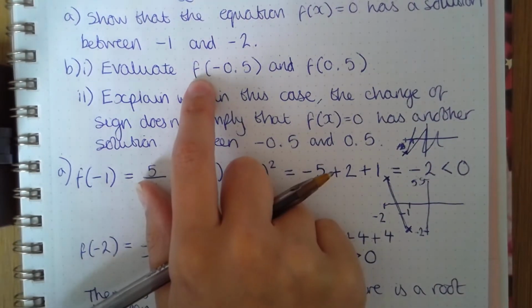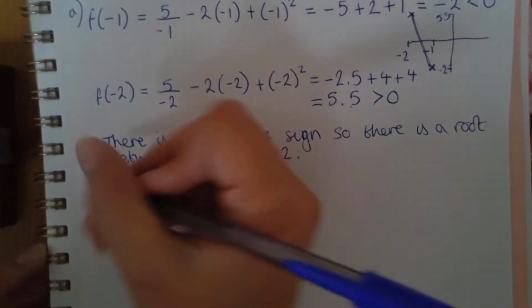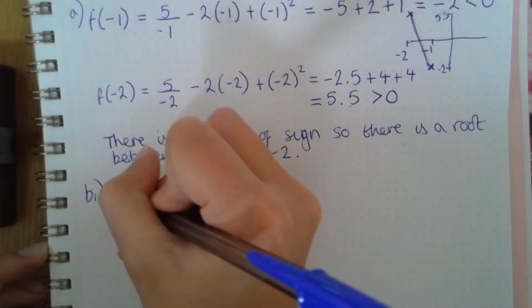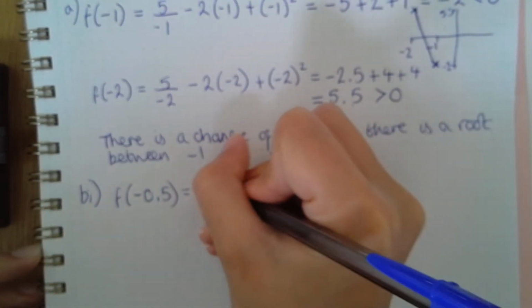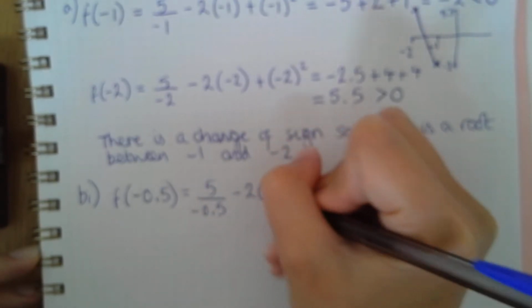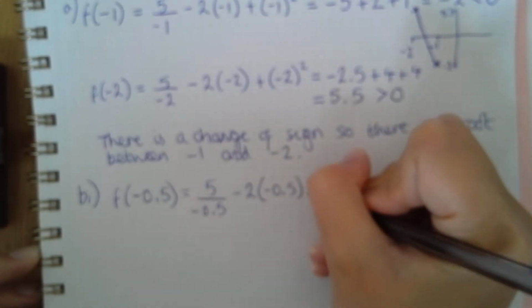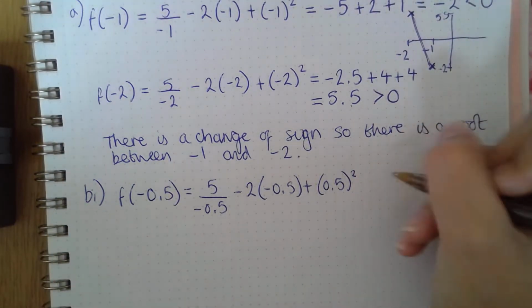So now we want to evaluate f of -0.5 and f of 0.5. So part B, i, so f of -0.5 gives us 5 over -0.5, take away 2 lots of -0.5, plus -0.5 all squared. You can use a calculator.